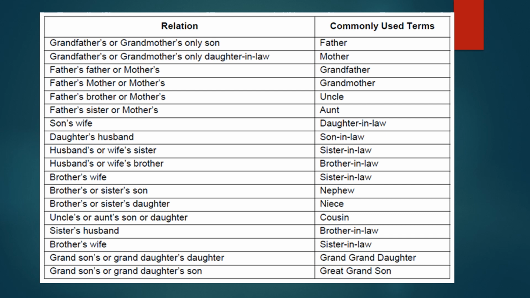If you have to solve this kind of question, we have to get used to the terminology used in the questions. The sentences will be like indirect speech, and you can see here grandfather's or grandmother's only son, which is nothing but a father.